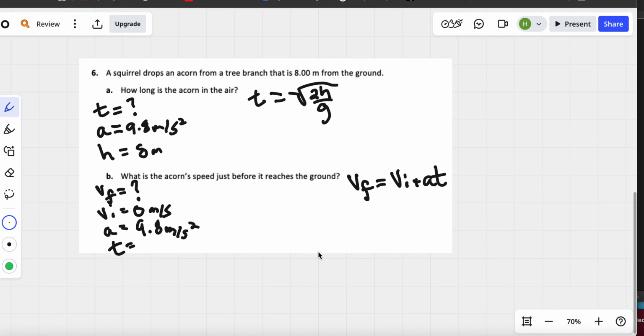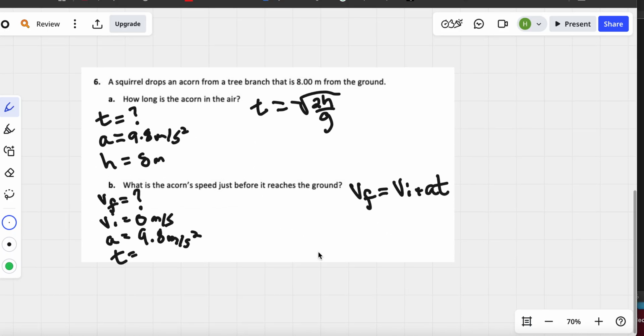This is the last set. This is the squirrel problem we talked about earlier today. Last but not least, time in the air. The squirrel drops an acorn from a tree branch that's 8 meters from the ground. How long is the acorn in the air? Well, T equals the square root of 2 times the height divided by gravity. So here we go.